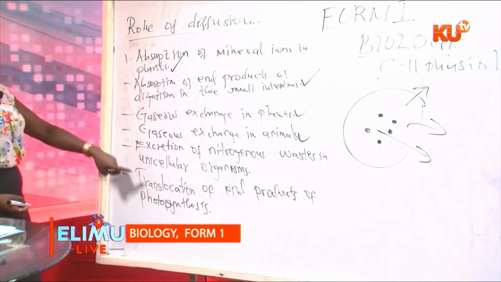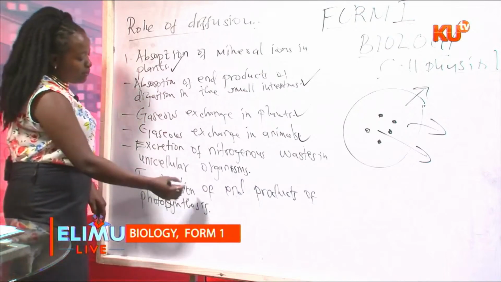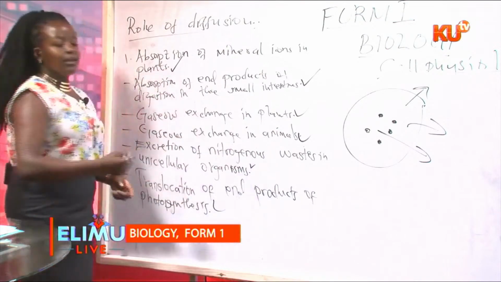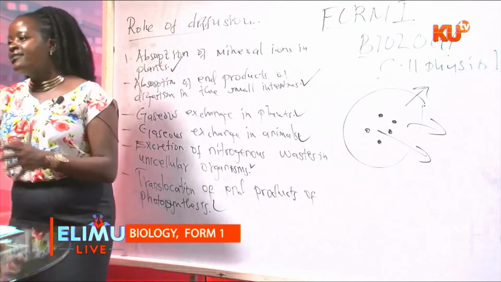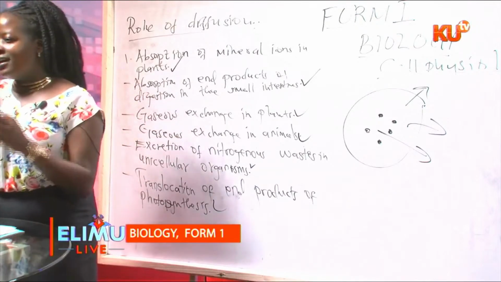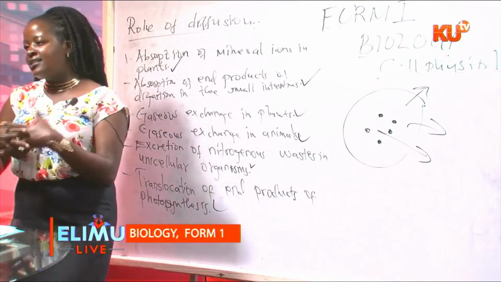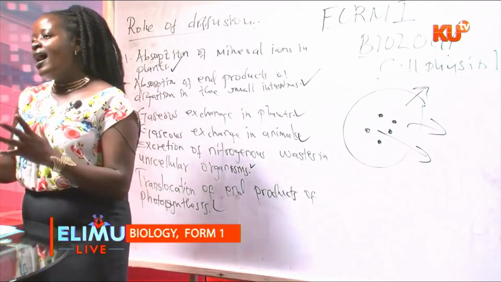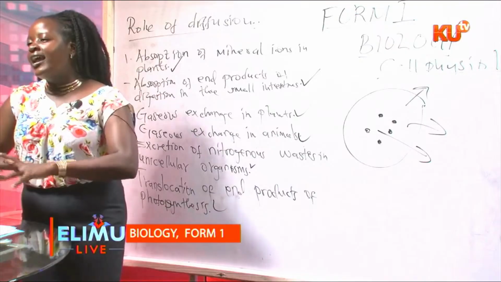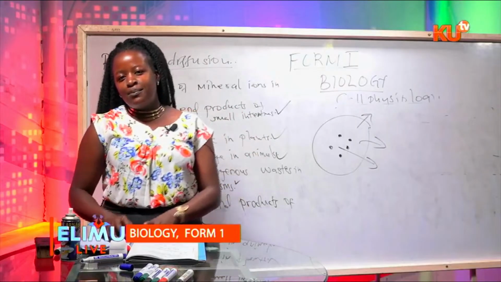Lastly, we have translocation of end products of photosynthesis. Translocation is the process that end products of photosynthesis, such as glucose, are removed from the leaves and are transported to the rest of the plant.